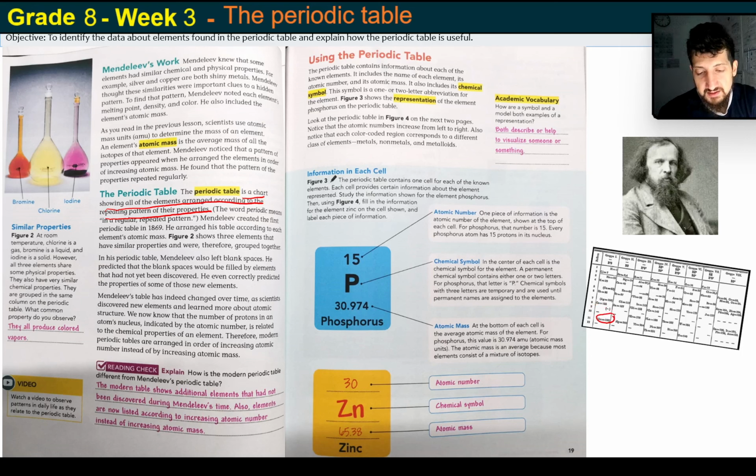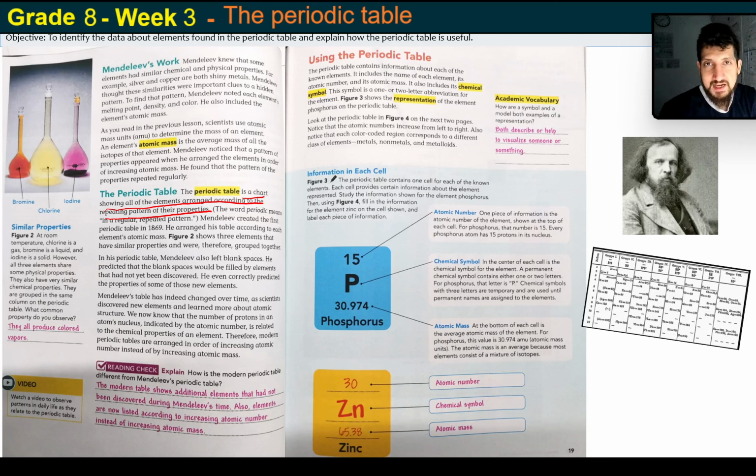However, there's one here, but there's no element before it. And there's another one here. Now, Mendeleev was very smart. He didn't just fill in the gap, or just ignore the gap and put something in there. He knew that in the future there would be an element discovered that had the properties that were missing.